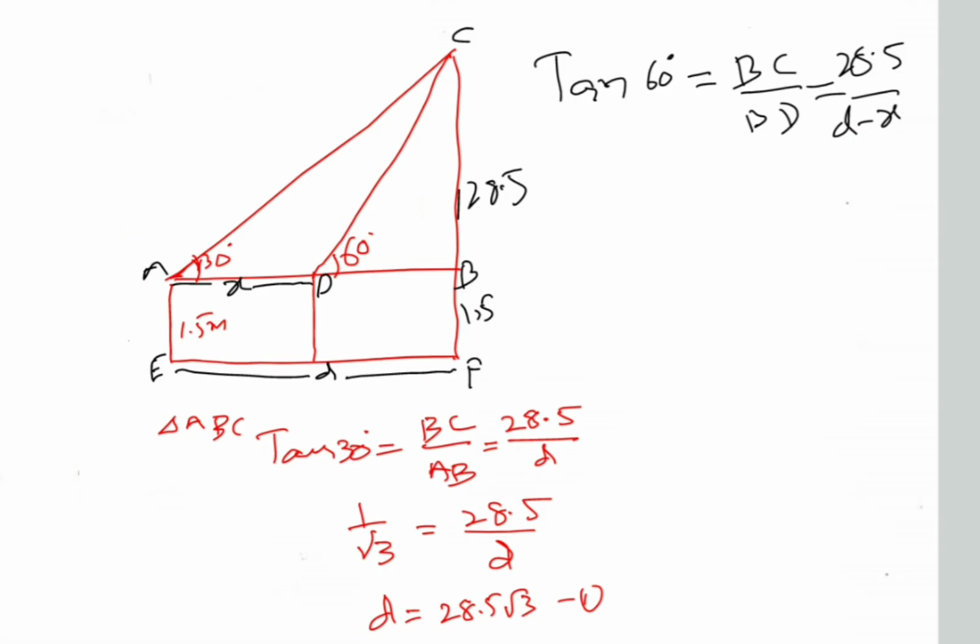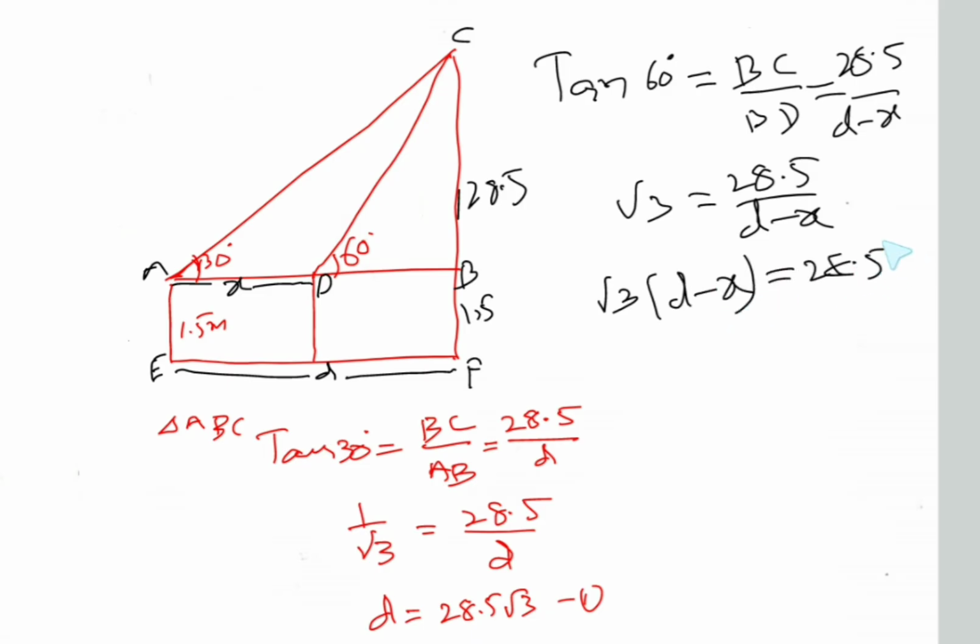Therefore, tan 60 is root 3, equal to 28.5 by d minus x. So root 3 into d minus x is equal to 28.5. But we know d is 28.5 root 3.